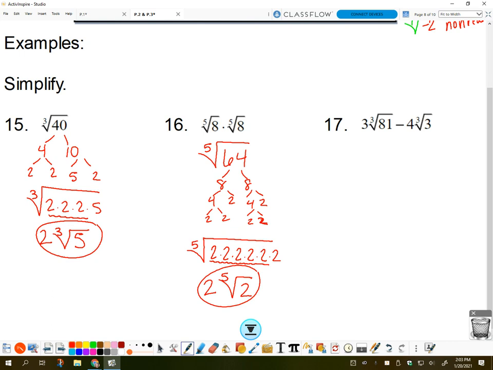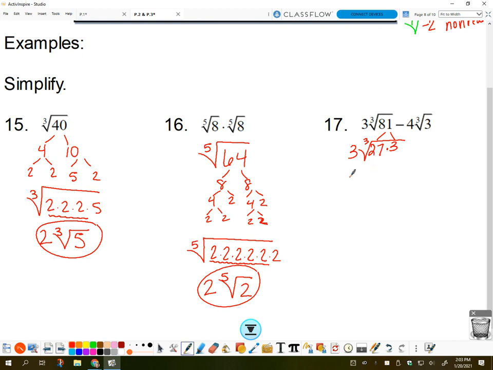Okay, so same thing if we're adding or subtracting, the radical parts have to match, just like with the square roots. So I want to try to make these match. I know this is prime, I can't clean that up. So I'm thinking 81 can break down into 3 times something. I think it's 27 times 3. All right, and then I just told you that one of the cube roots that you should probably know is that the cube root of 27 is 3.